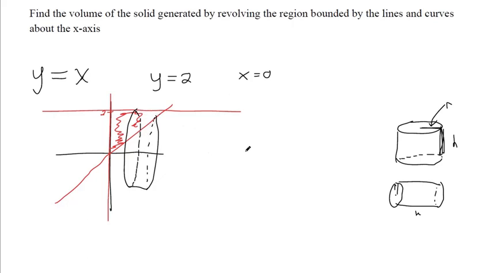So the way we're going to handle that in this question is that we're going to find the volume of this entire figure. So this gets rotated from x equals 0. Where do we end? At x equals 2, because if we plug in 2 in here to find out where they intersect, you get x equals 2.